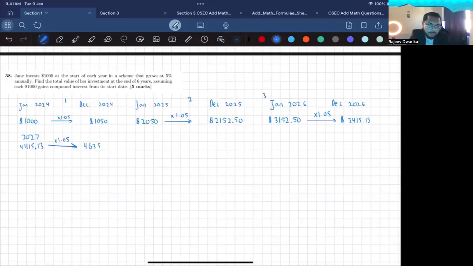$4,635.89. Right. In 2028, that's going to be $5,635.89, and we have to multiply that by 1.05.